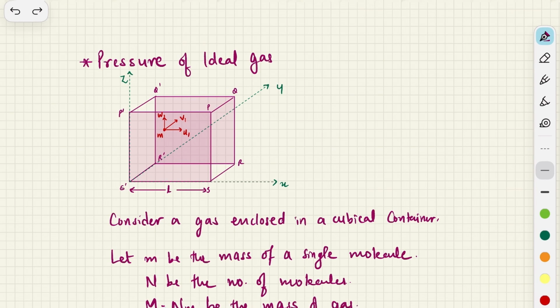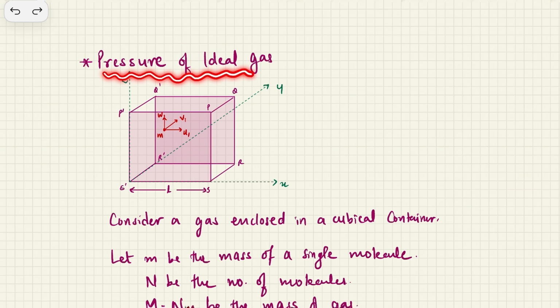Yesterday's video was a bit smaller, just discussing four definitions, especially root mean square velocity and mean free path. Today we are about to discuss the pressure of an ideal gas. This is one of the very important equations in kinetic theory of gases.